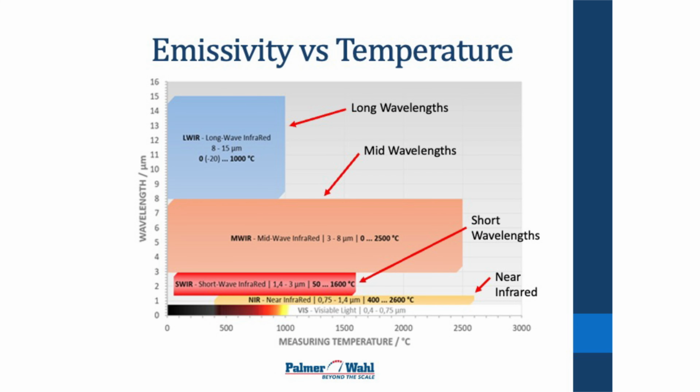That's why a greenhouse will get hot in the sun even on a cold day. This is an overview of the spectral ranges: long wavelength, mid wavelength, short wavelength, and then at the very bottom of the chart is near infrared. That's a spectrum, but it's actually below 1, and it's for very high temperature specialized measurement.